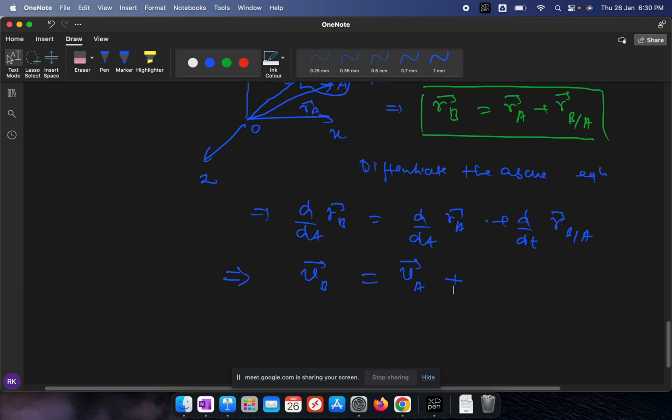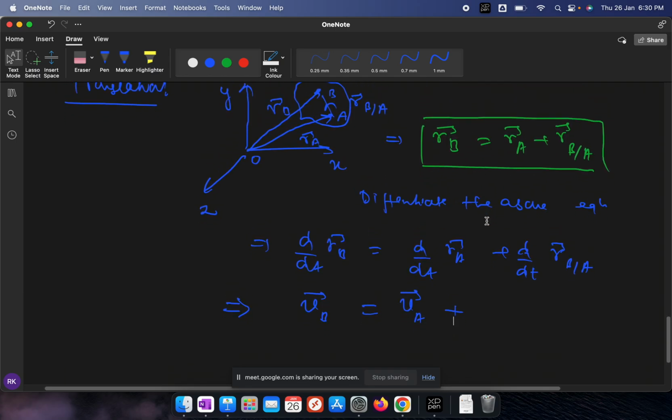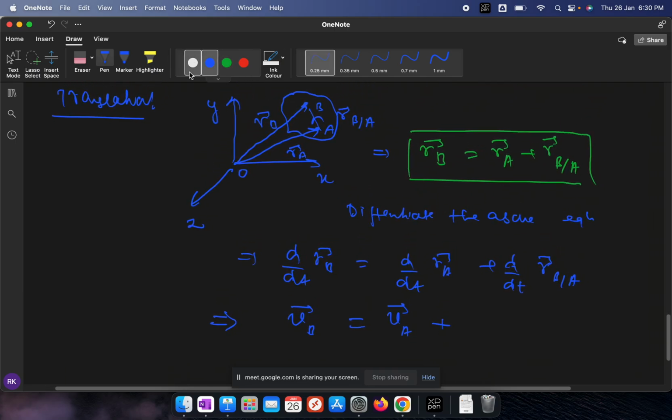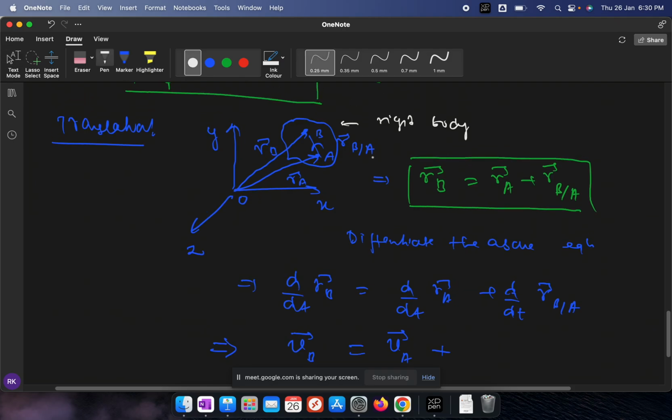Okay, so here, since I have assumed that this is a rigid body, I am talking about a rigid body, and in the rigid body, if the body is translating, then the relative position of any arbitrary point with respect to any arbitrary point will remain the same, independent of time t.